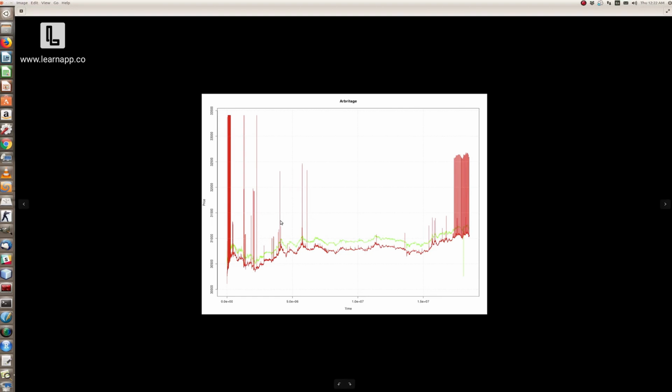As you can see, there are huge spikes in both the green as well as the red values. Now what are the green and the red values? Let's check it out in our R code.